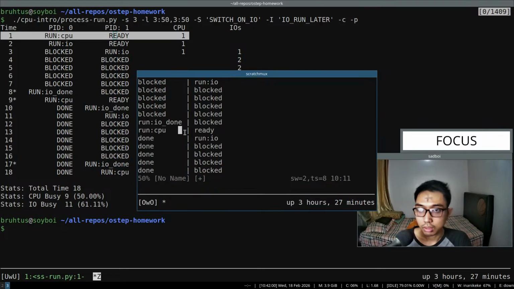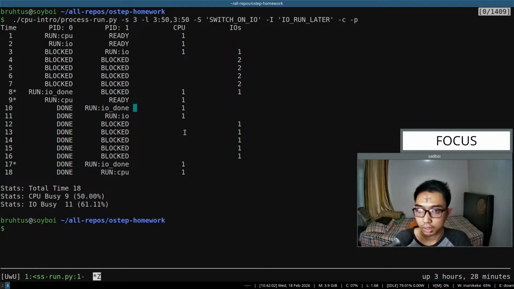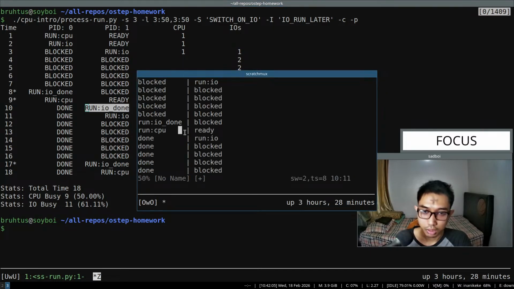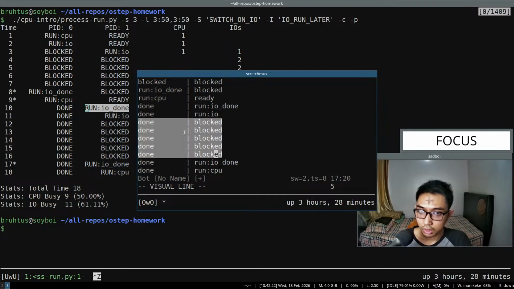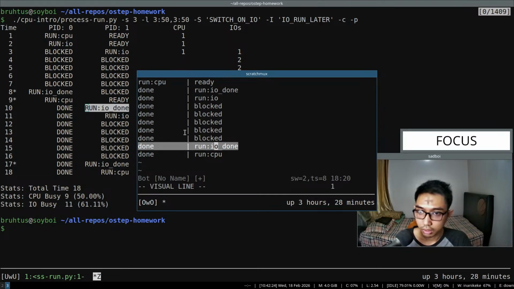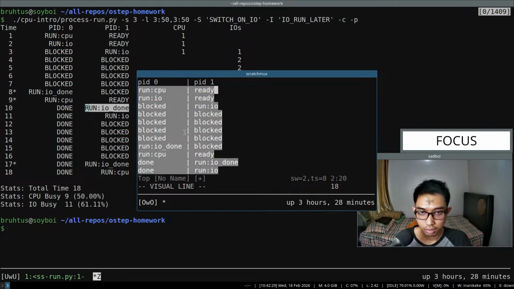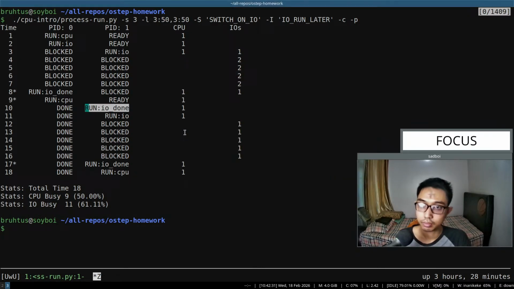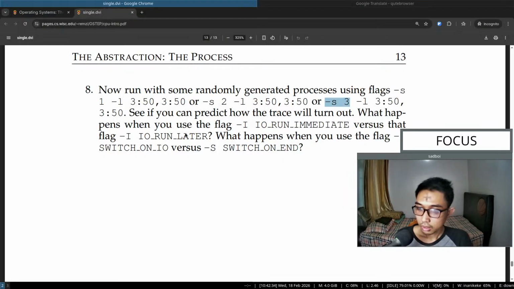Run CPU. Okay, so we print out this one. Output done. Okay, I missed that. So something like this, and then this one, right? Block. Okay, done. CPU. All right. Okay.